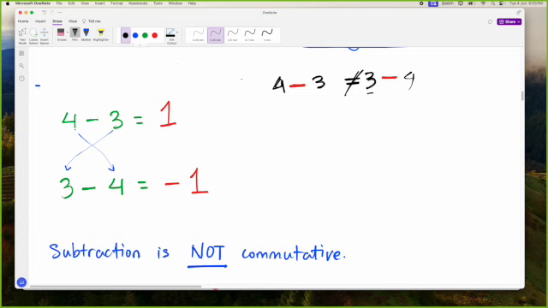No, they're not equal. But I could shift the numbers around. What if I say 4 minus 3 is equal to, instead of taking the 3 and putting it on this side, I will take the entire minus 3, because 3 is a sad number. So I will make sure that 3 remains sad. So I will put the minus 3 first.